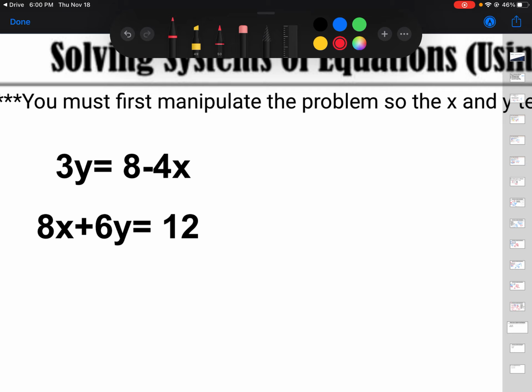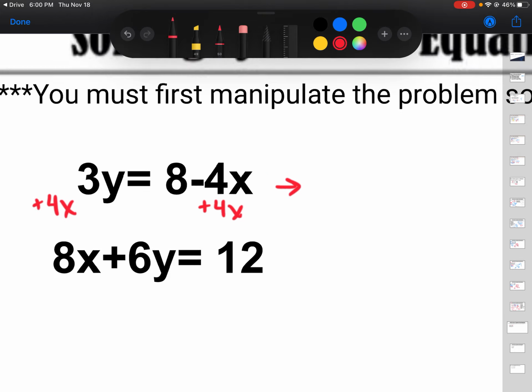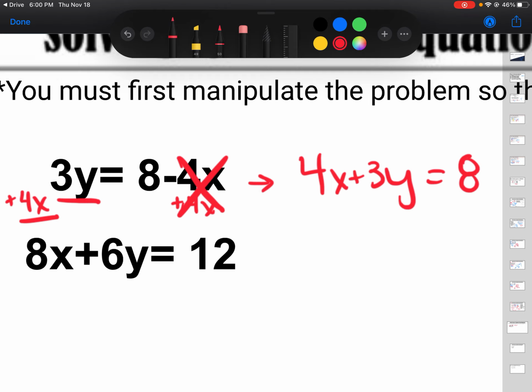Again, this is the same question from your day 4 homework. Let's go ahead and add 4x so we can align those in our equation. So I have a 4x plus a 3y equals an 8, and these cancel. Drop down or pull aside your second equation.